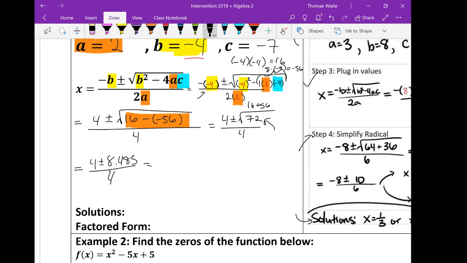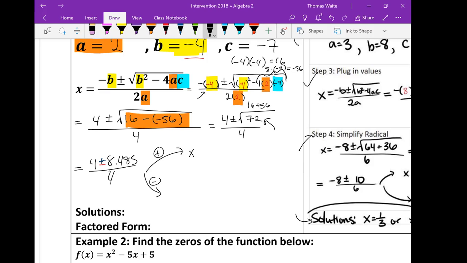Now this is pretty much as simple as we get. We have to do each of these, the positive version and the negative version, separately. So this will give us two solutions, one where we add our terms and a separate solution where we subtract them.